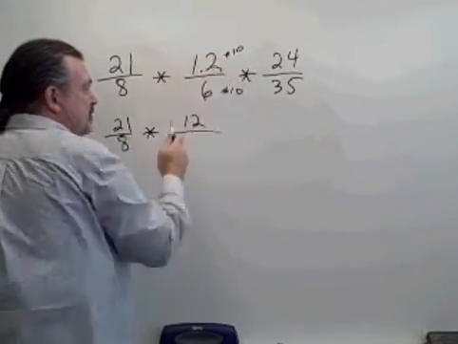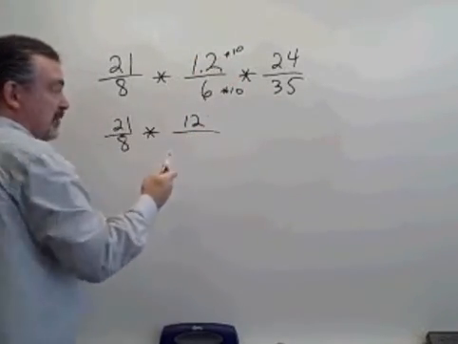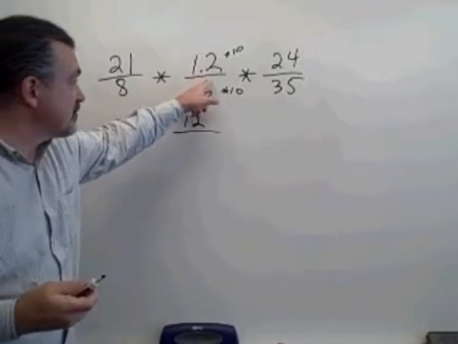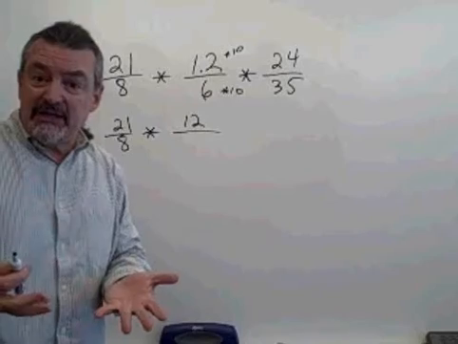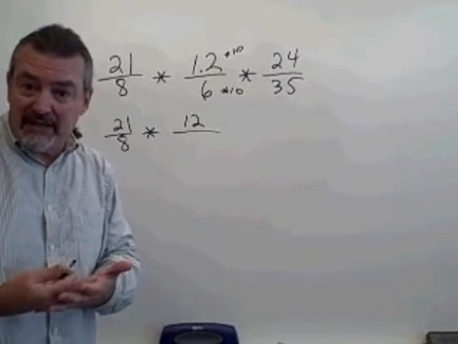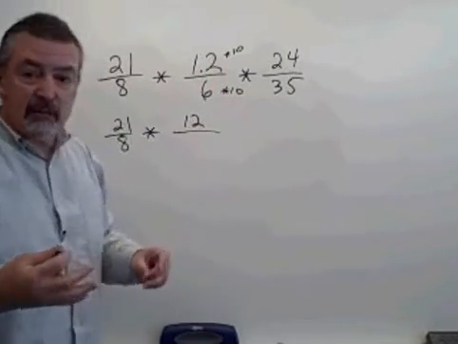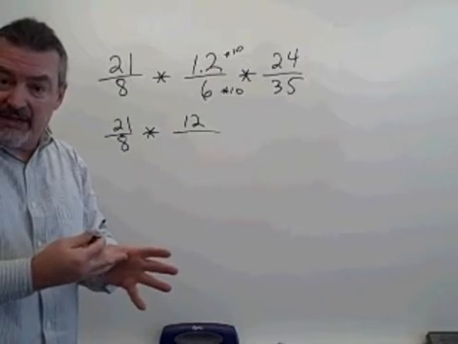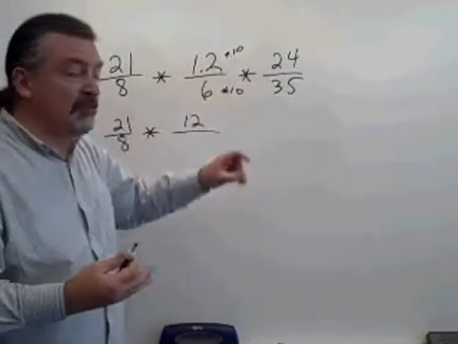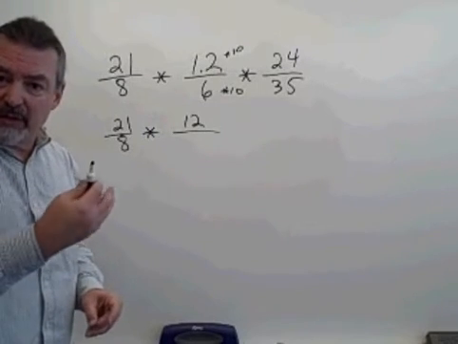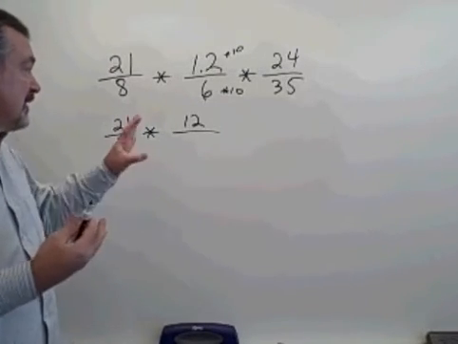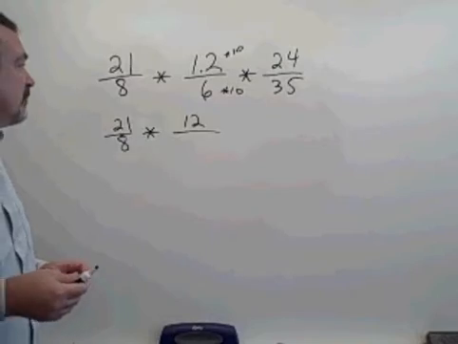Well, 1.2 times 10 gives me 12. Remember, to multiply by 10, you just move the decimal point one place to the right. In fact, that's how I determined I was going to multiply by 10. I needed to get rid of one digit to the right of the decimal point. So I knew that multiplying by 10 would move that decimal point one place to the right, which would eliminate that decimal number.